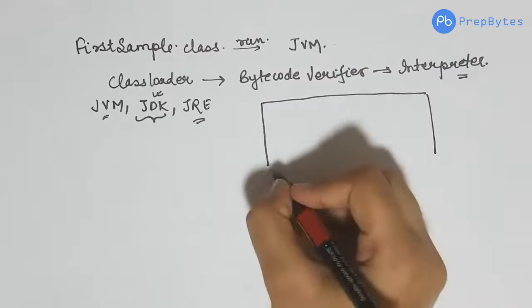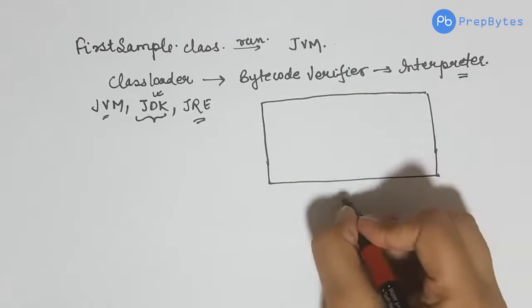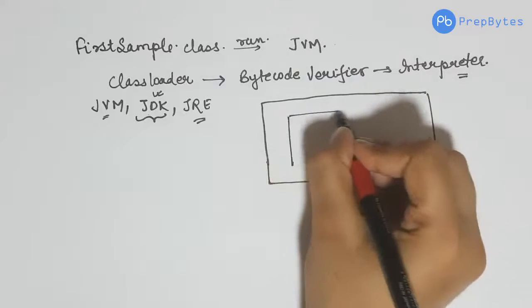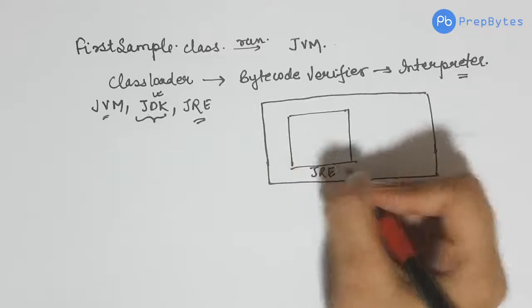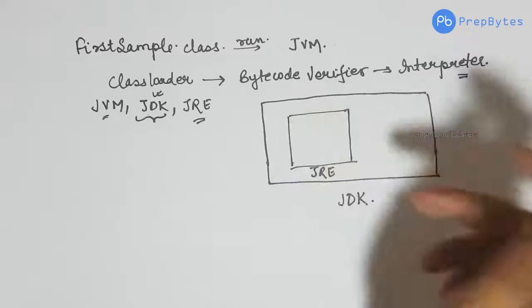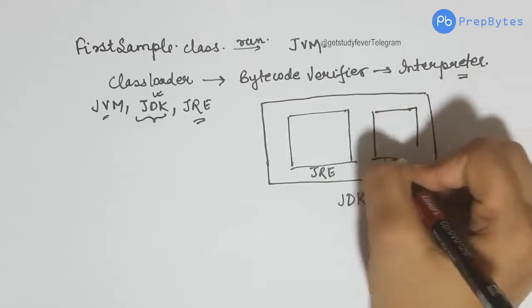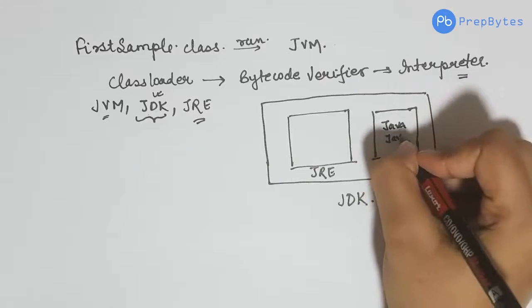If I try to see these three things, I can think of JDK as a package which contains the JRE. This is the Java Runtime Environment. This is the Java Development Kit. It has the Java Runtime Environment and it has development tools, like java and javac.